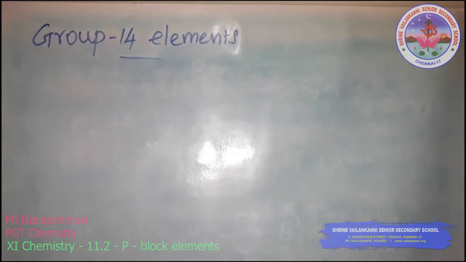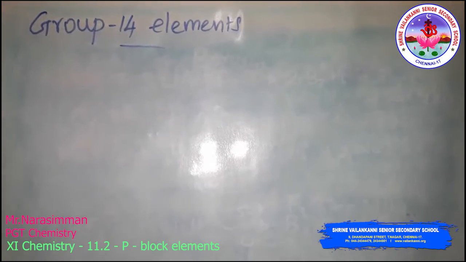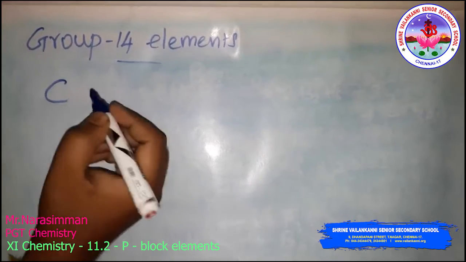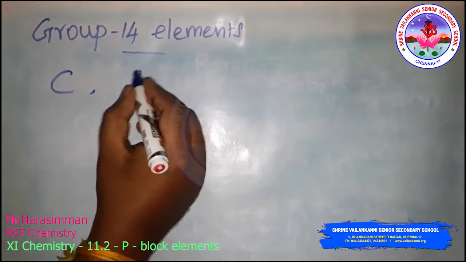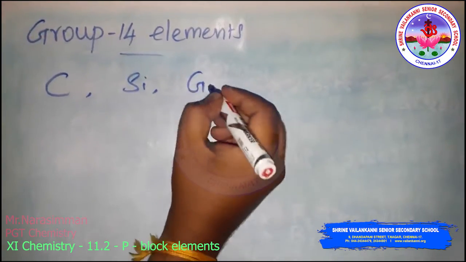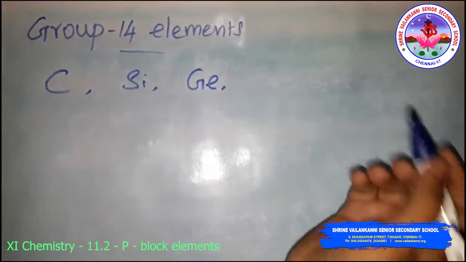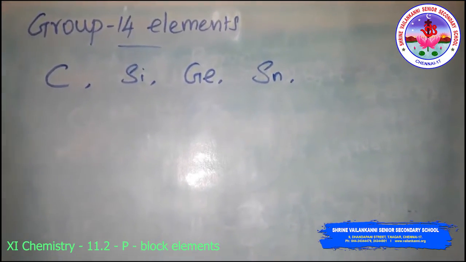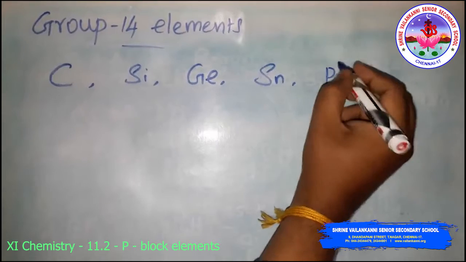Group 14 elements. The group 14 elements mainly contain carbon, then silicon, then germanium, then tin, and the last one is lead, that is plumbum.